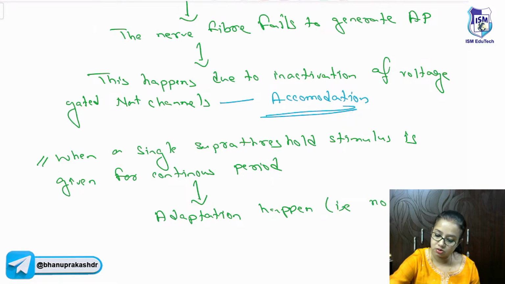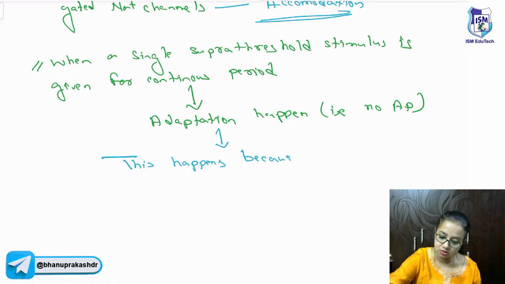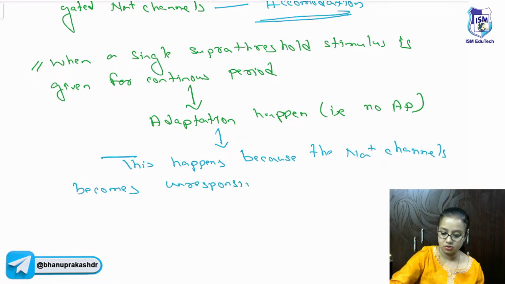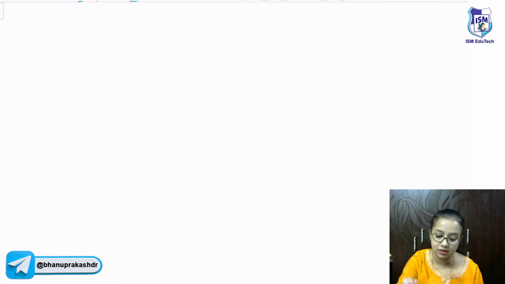That is, no action potential. Now, why does it happen? This happens because the sodium channels become unresponsive. So adaptation and accommodation are two characteristics of a nerve fiber. So these are the properties of a nerve fiber.